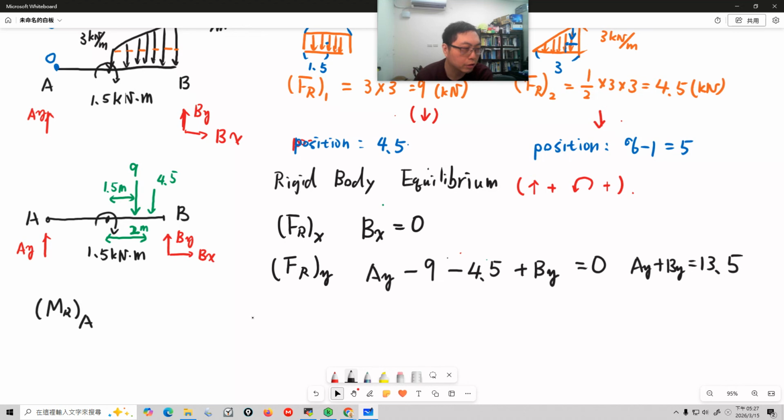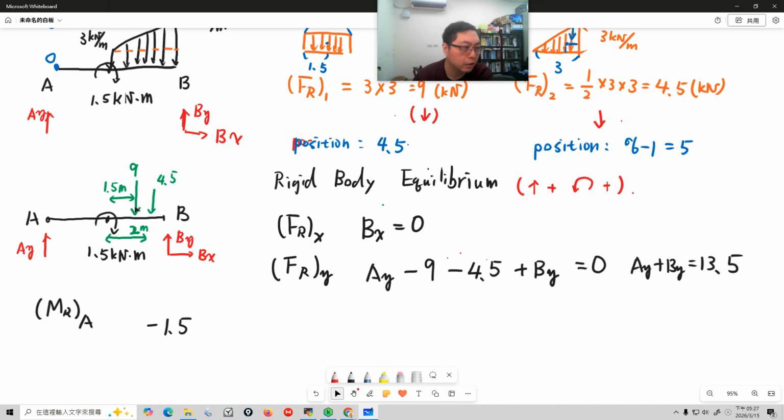We need to consider it, and it's clockwise, so it's minus 1.5. The reaction force Ay at point A won't create any moment because we set the reference point at A. So we consider the other forces.